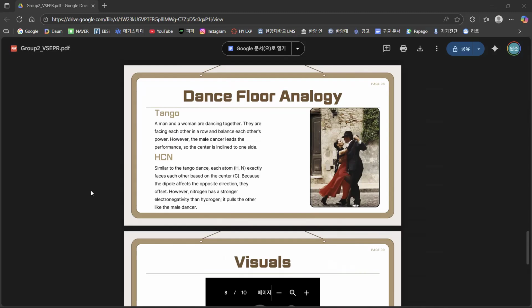So similar to a tango dance, each atom exactly faces each other based on the center, the carbon, because the dipole affects the opposite direction they offset. And nitrogen has a stronger electronegativity than hydrogen. It pulls the other like the male dancer.